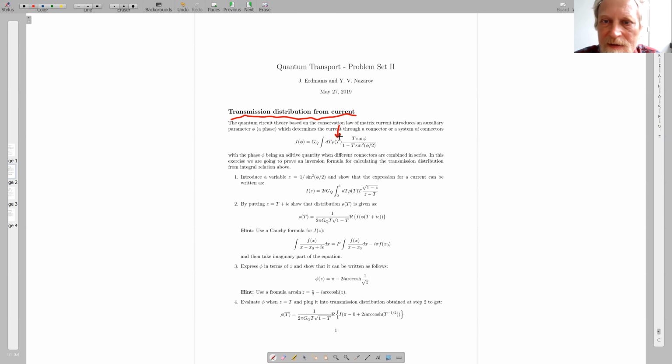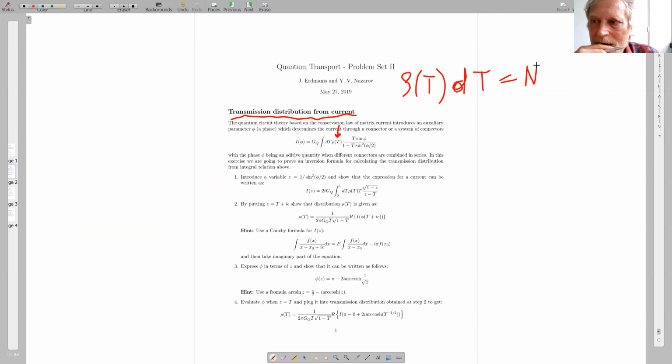Transmission distribution tells you how many transport channels on average have transmission in an interval of certain transmission coefficients. So this is the number of channels in an interval of transmission coefficients.